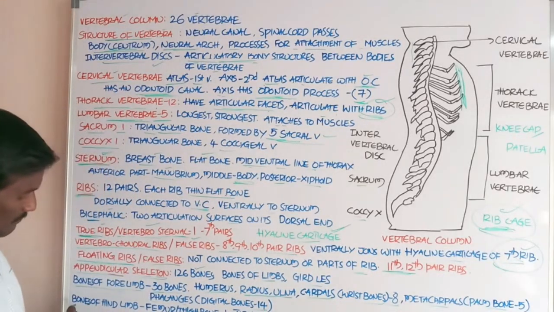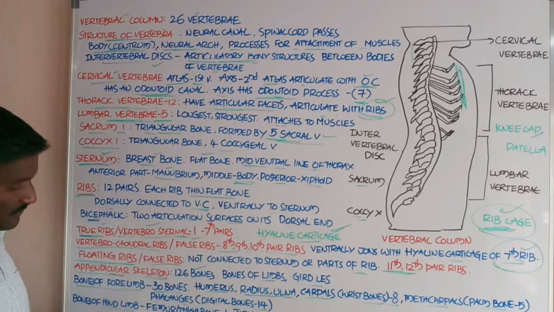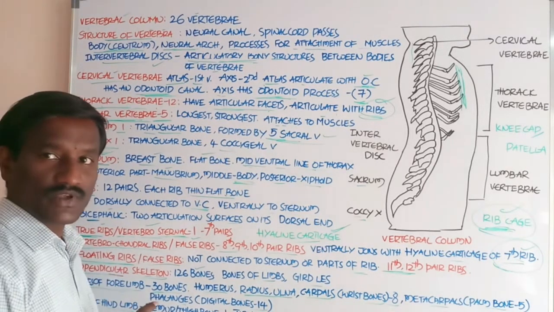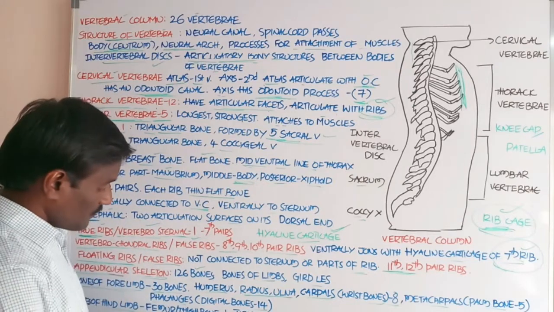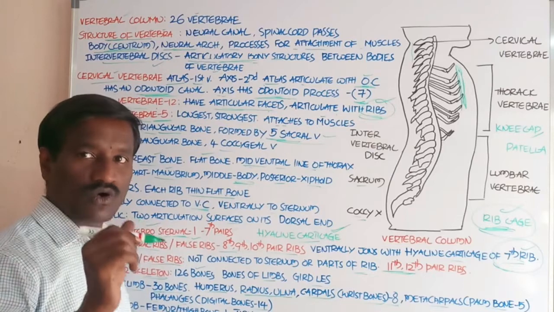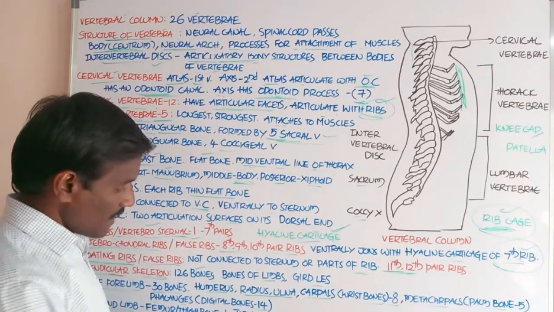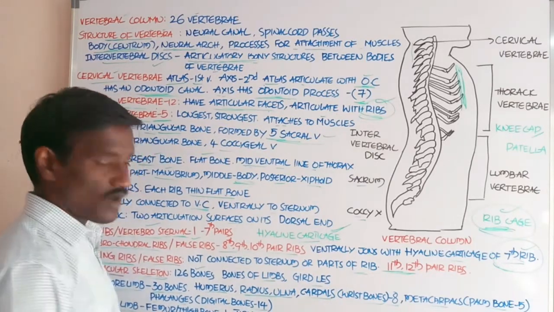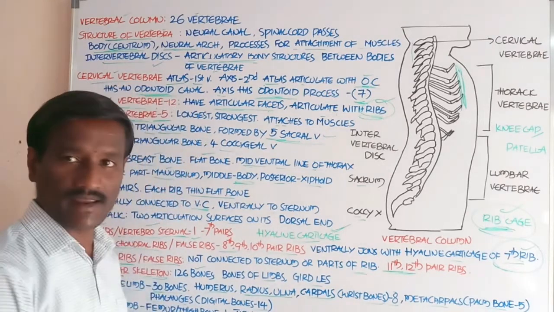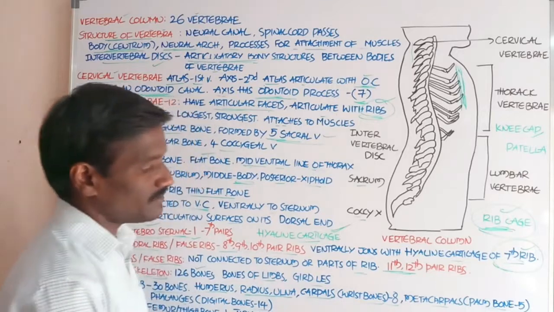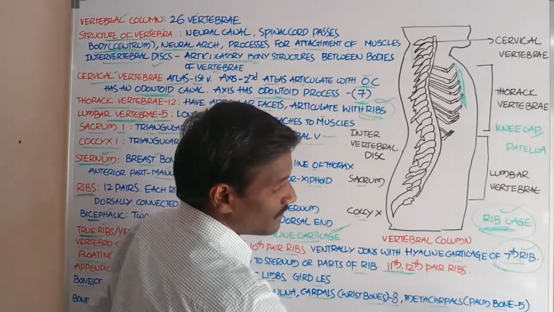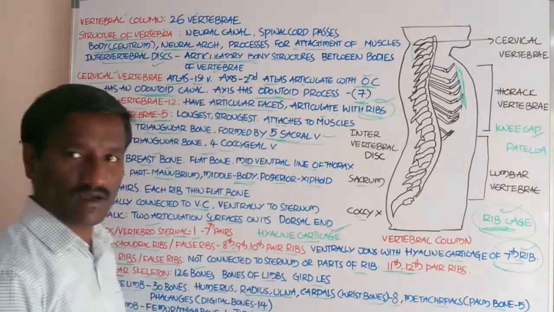Next, another one, the bones of the hind limb. If you observe, the femur, or thigh bone, is one in each leg. The femur is the longest bone in the body. Then tibia and fibula, one each, and tarsals, also called ankle bones, 7 in number, metatarsals, 5 in number, and phalanges, 14 in number.